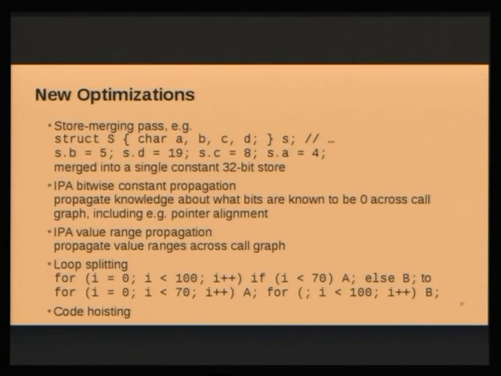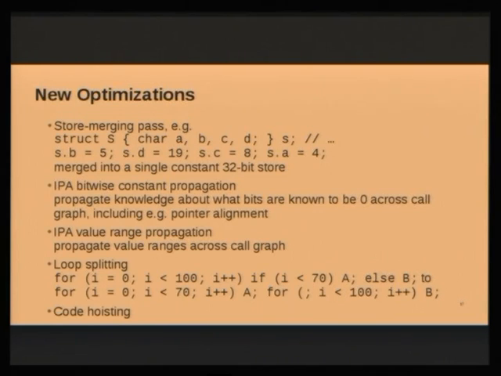And many optimizations can actually use this information to optimize. For instance, if you know the low 3 bits of a pointer are known to be 0, then you know the pointer is 8 bytes aligned or stuff like that. And so we now propagate this information across the call graph.